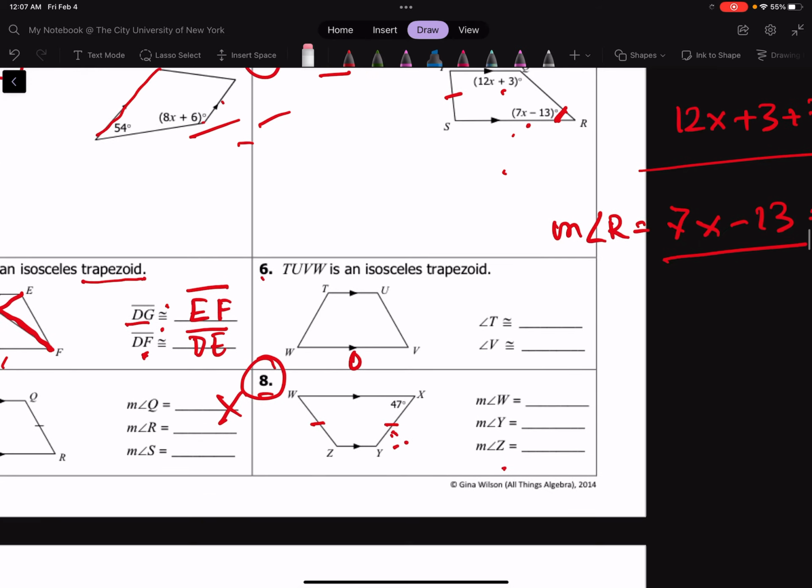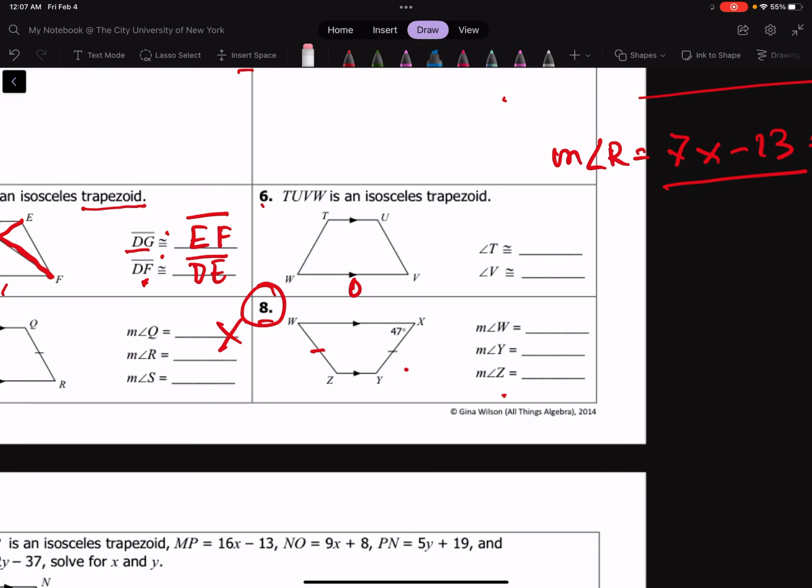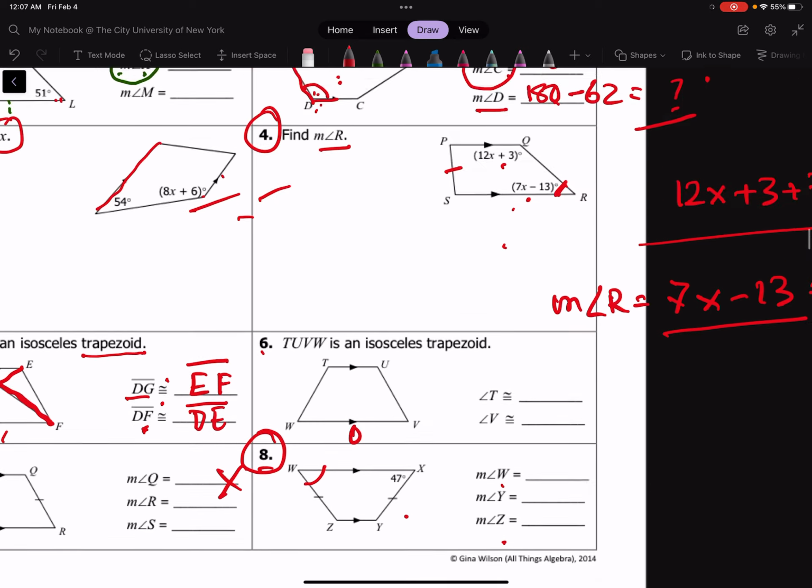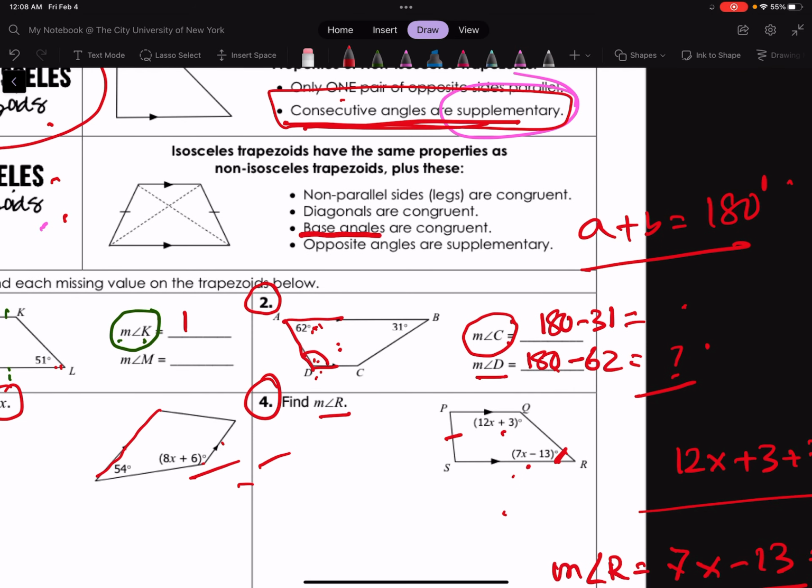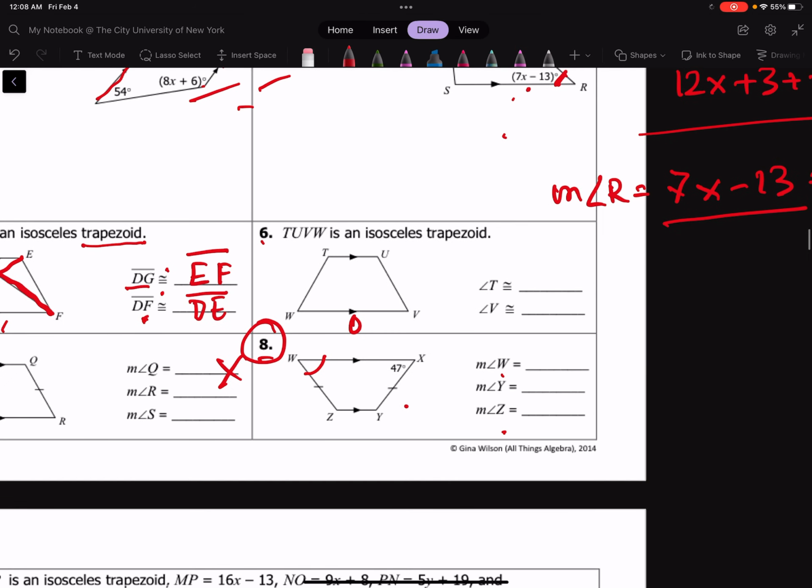We need to find the measure of W. This is W. The base angles are congruent. Who are the base angles? The angles opposite to the congruent sides, this one and this one. Congruent means W should be this value, so that should be 47.